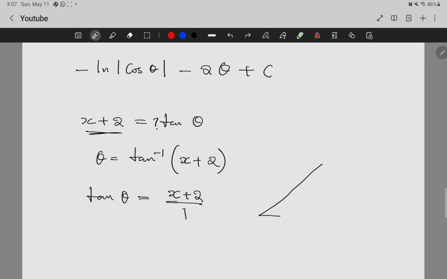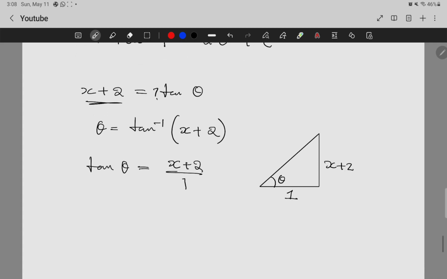So if we view a right-angled triangle here, with this being our theta, and we're getting tan theta, opposite will be x plus 2. Hypotenuse, we do not know, but adjacent will be 1, since opposite over adjacent. From here, using Pythagoras theorem, we see that the hypotenuse will be x plus 2 squared plus 1 squared.